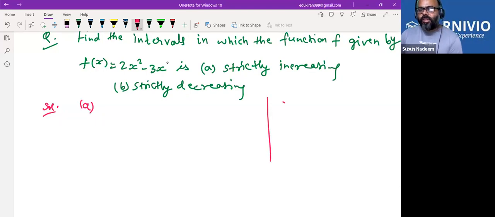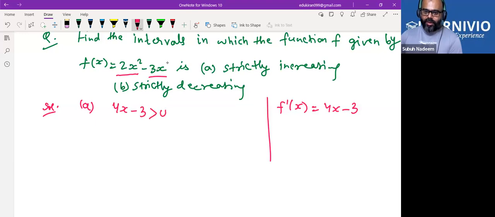When you will differentiate it, what you will get? If you will differentiate 2x square, what you will get? 4x. And when you will differentiate 3x, what you will get? Minus 3. So if they are asking strictly increasing, it means that 4x minus 3 should be greater than 0.